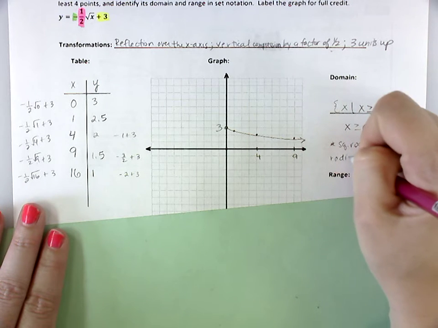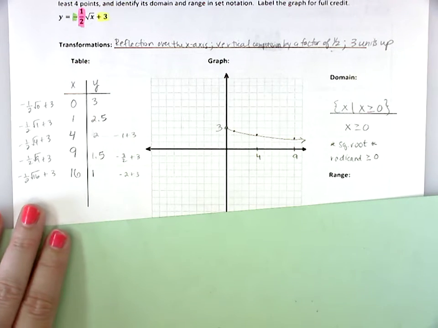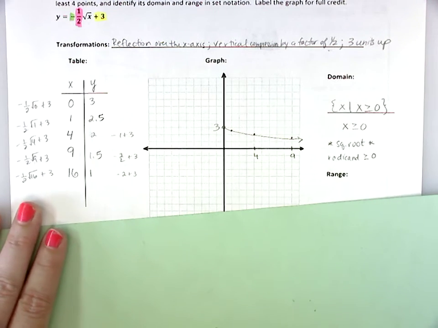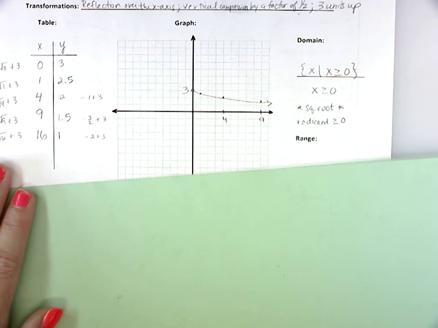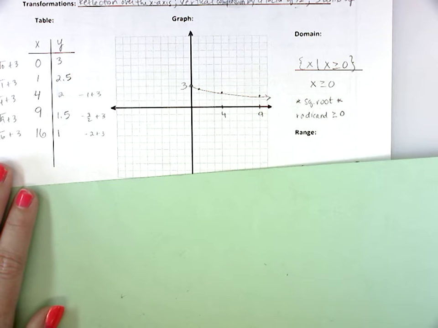Okay, so if it's a square root, it's always the radicand is greater than or equal to 0. And Hunter, what does radicand mean? When I say radicand, like where is that? Anybody want to finish it? Yeah, so whatever's underneath the radical, that's just going to be greater than or equal to 0.